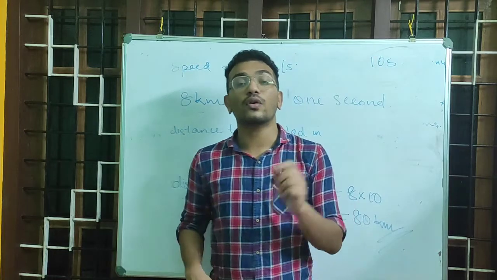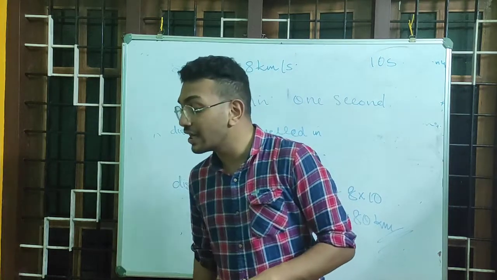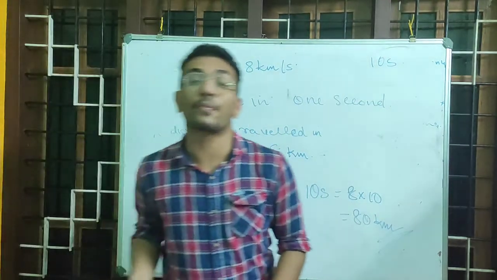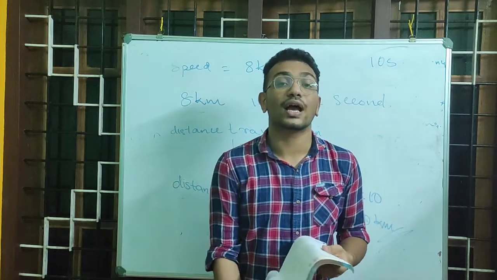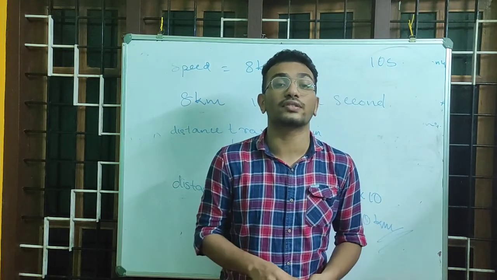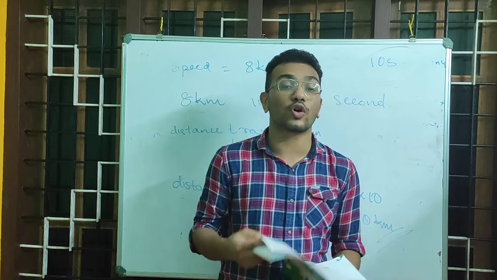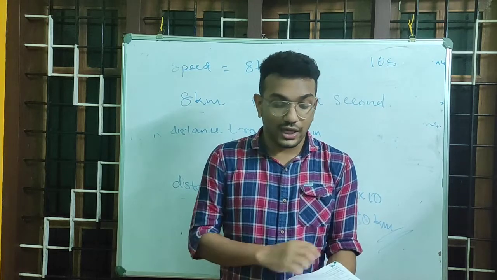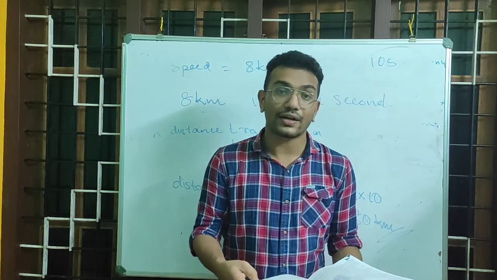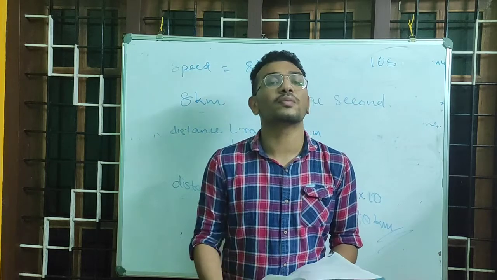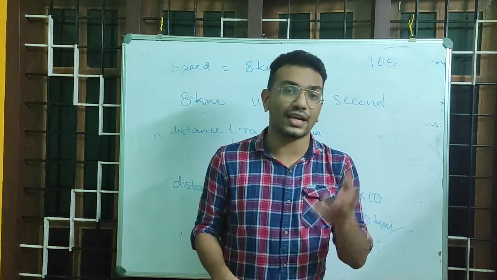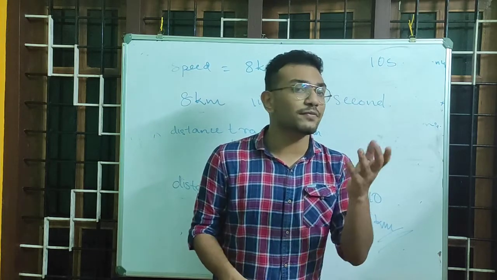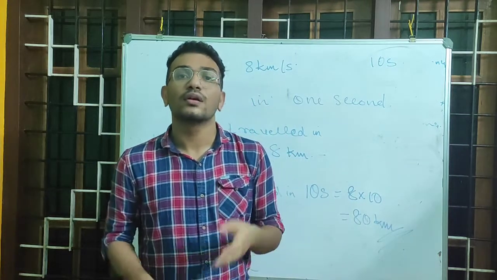Okay. Now one more topic that we are going to discuss in the textbook, that is about speedometer and odometer. Page number 151. This you must have seen in cars and other vehicles. So what is the function of speedometer?